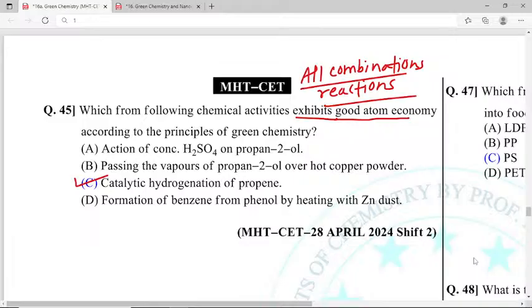This is very, very important. Catalytic hydrogenation of propene, using a catalyst, gives a single product, so this is a combination reaction. The double bond is converted into a single bond by addition of hydrogen.